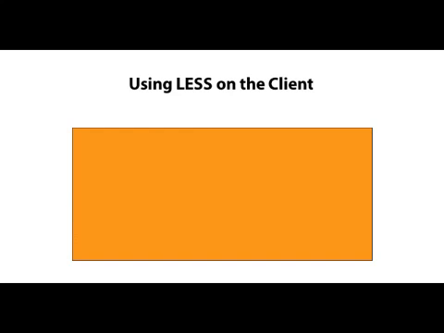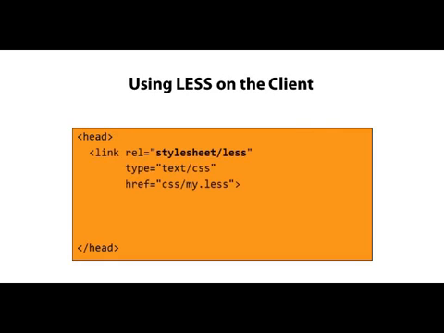So let's start and talk about how we actually use Less on the client so that as we start to build Less files, we can see them work on the client. The way this works is there is a less.js file that you can use from the lesscss.org website. What you're going to do is bring in a link of a Less file, and the rel attribute is going to point at stylesheet/less instead of the typical stylesheet/CSS.